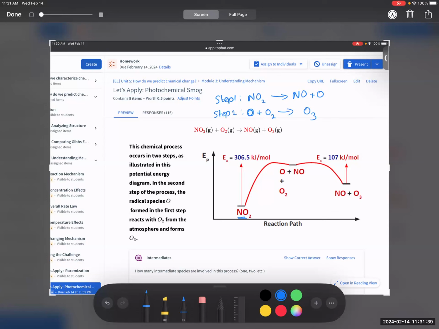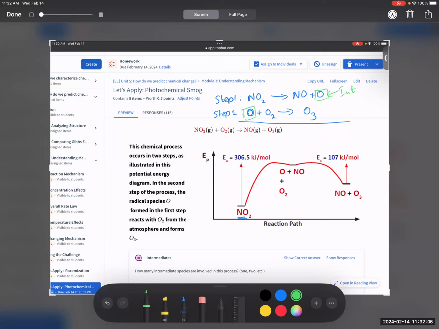This seems to be the case because if we add these up, we end up with our overall reaction. So O over here is produced and consumed. Therefore this should be an intermediate, no doubt about that, and it cancels out.